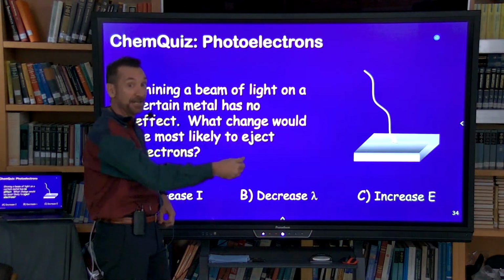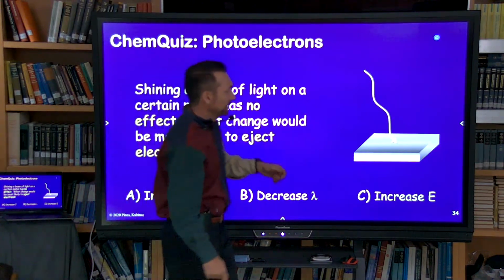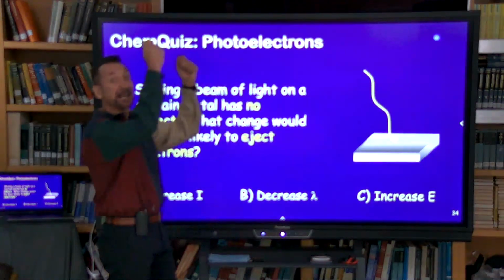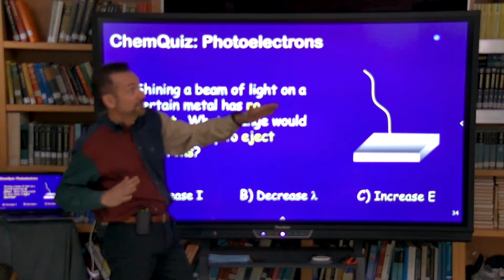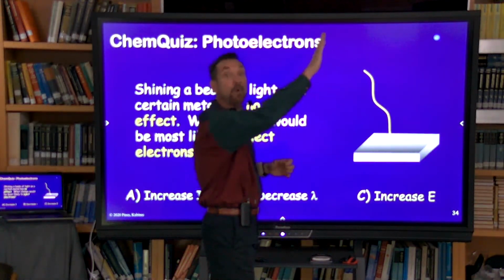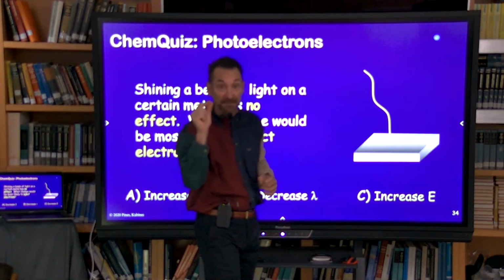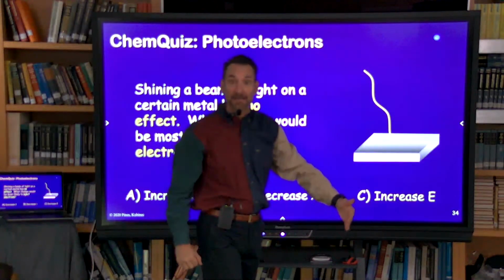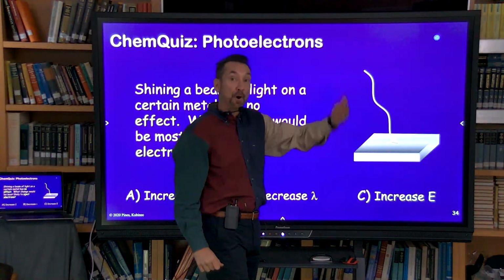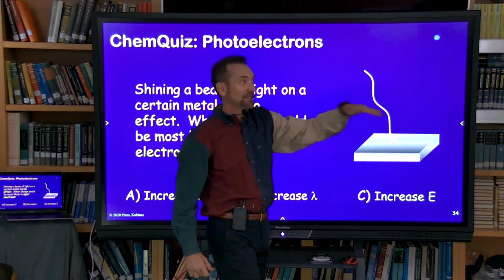You need the high energy photons. If you have high energy and high amplitude, then you eject more electrons, because it's the individual particles on the wave that are ejecting the electrons. More at the same kinetic energy, just more of them.